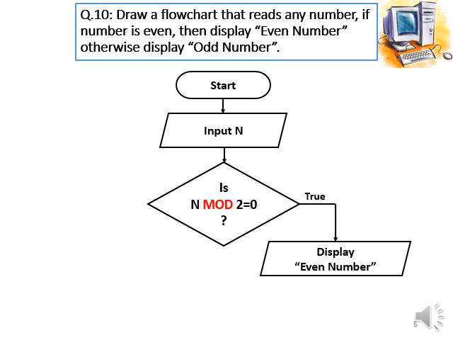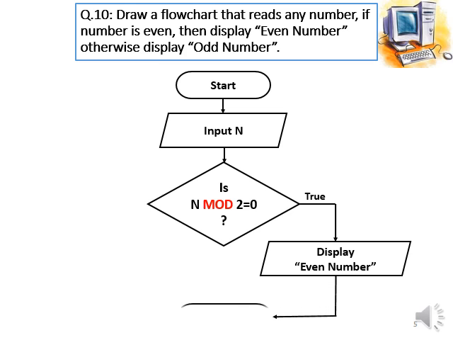We already know the definition of even numbers: any number which is completely divisible by 2, meaning the remainder is 0, is called an even number. And any number which is not completely divisible by 2 is an odd number.